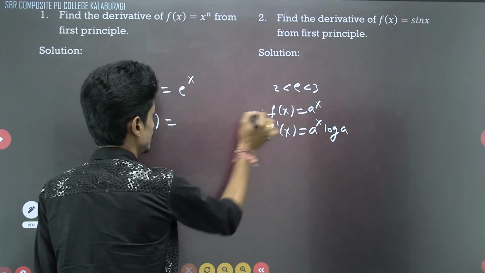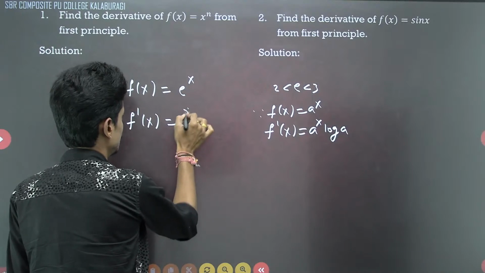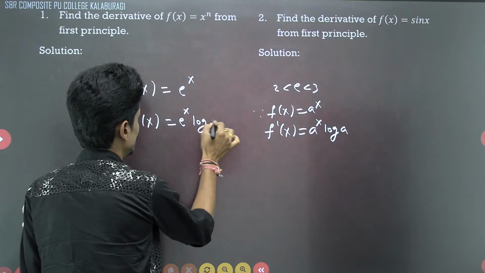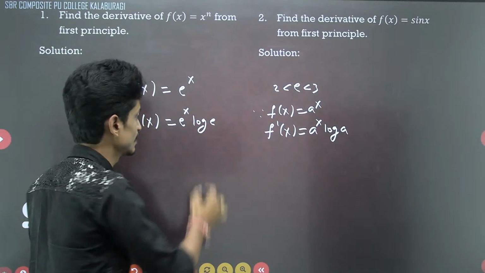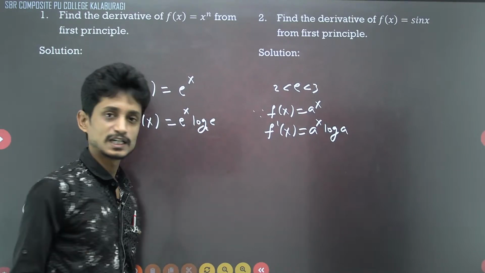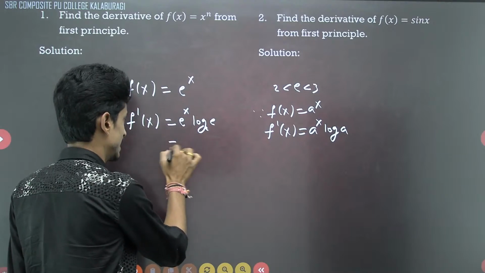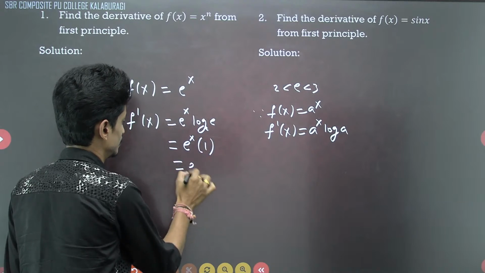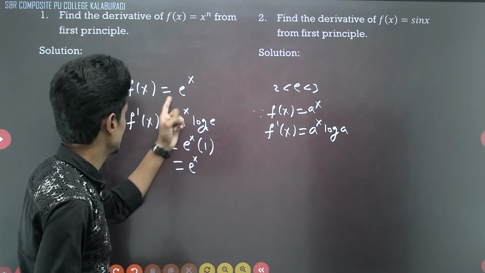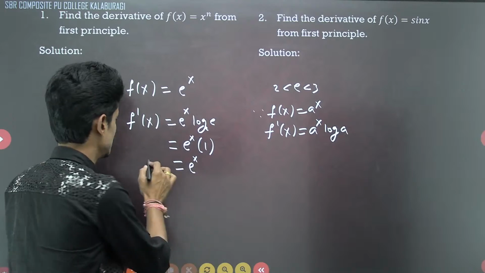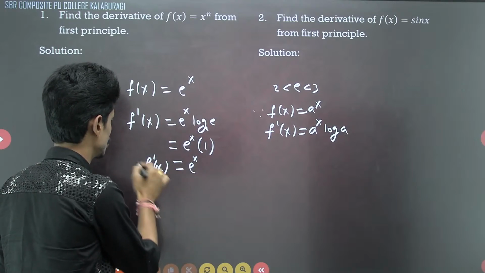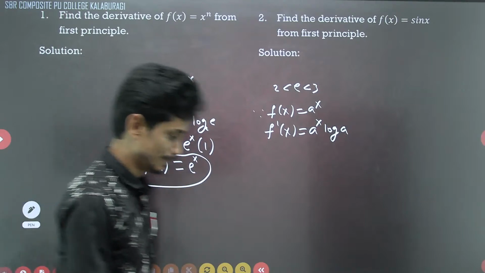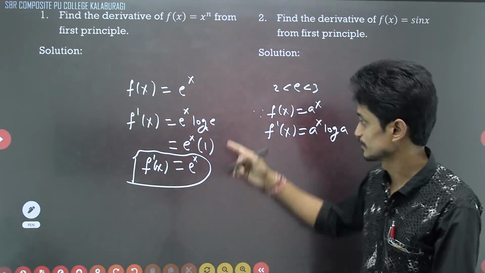The same formula I can take here: e power x into log e. In natural log, log e value is 1. So our answer will be e power x. So f dash of x equal to e power x only. I hope you understood the concept of this one.